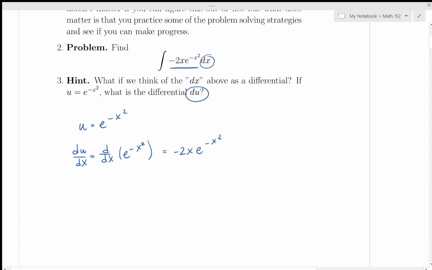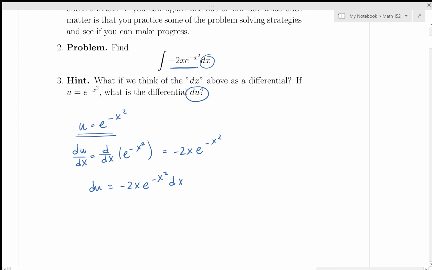Okay, so then I'm going to think of du as being equal to minus 2x e to the minus x squared dx. So look at what's happened by making a substitution like this, making u equal to e to the minus x squared. I have then a differential du, which is minus 2x e to the minus x squared.